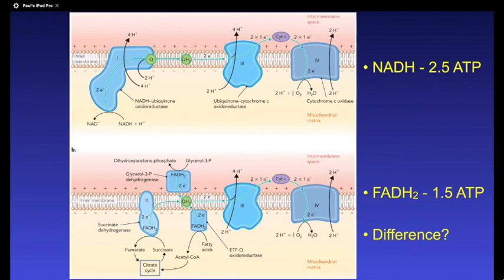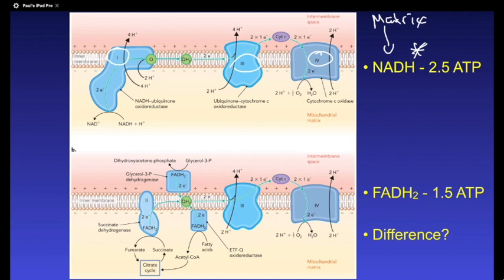What do you identify as the differences? Now I'm going to put a little star by NAD because most of the time it's going to produce 2.5 ATPs. We're going to find a case where that might not always be true, but if you were talking about NADHs that are produced in the matrix, always 2.5 ATPs.